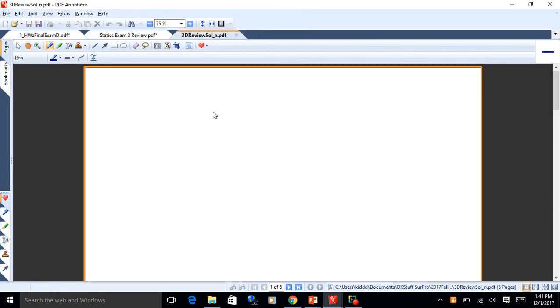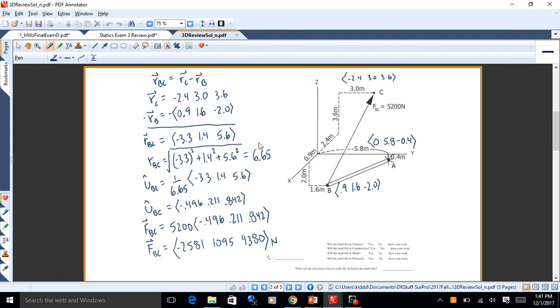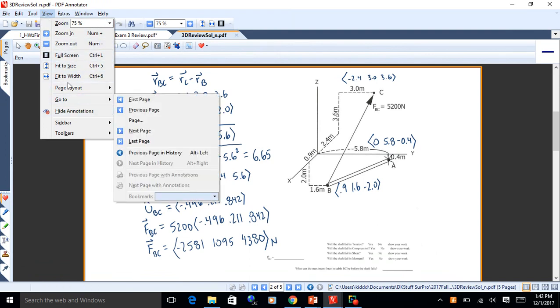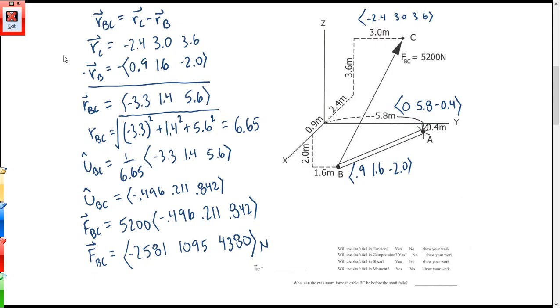So I handed this out to you. It's available in Moodle too, this 3D problem. This was back at the beginning of the term. We've not done much with it since, so might be worth just a look, eh?